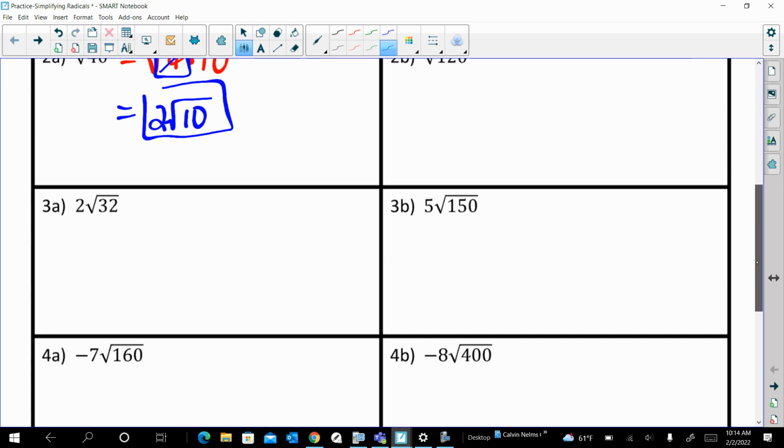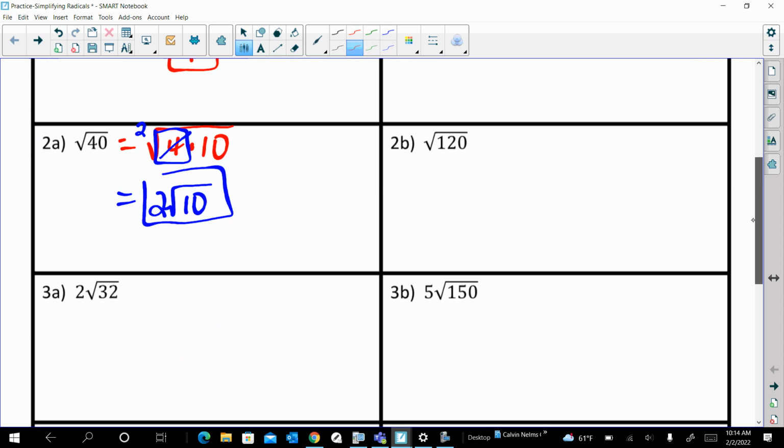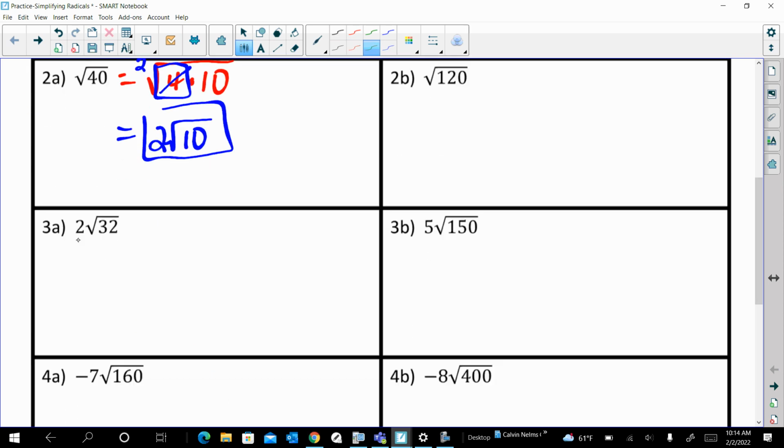All right, now this one's a little different. You see right here, you have this 2 in front of this radical symbol. It is the coefficient. It has to stay there, okay? But I'm still going to show the factors. So this would be 2, then my radical. What are my factors that give me 32? 16 times 2 is what I'm going to show underneath the radical.